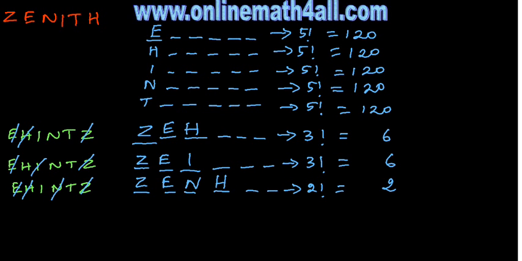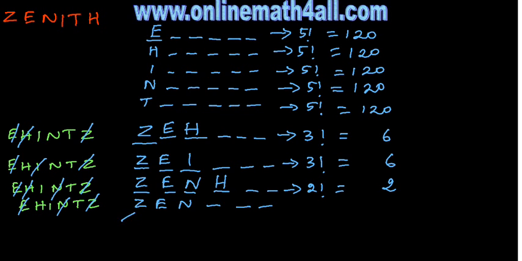Now again I fill the first 3 places: Z is taken, E is taken, and N is taken. So the order of the first 3 letters here and the order of the first 3 letters in the given word, both are the same.